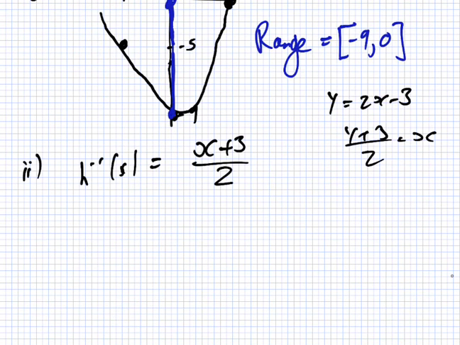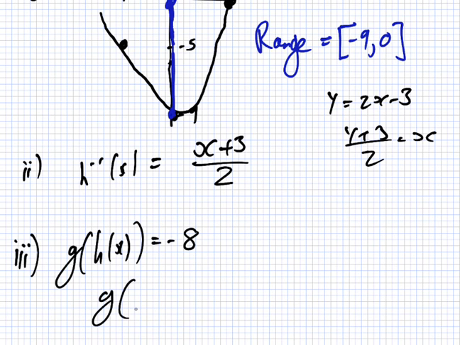And lastly, actually this is a really good question. Solve gh(x) equal to minus 8. So that's g(2x minus 3) equal to 8.